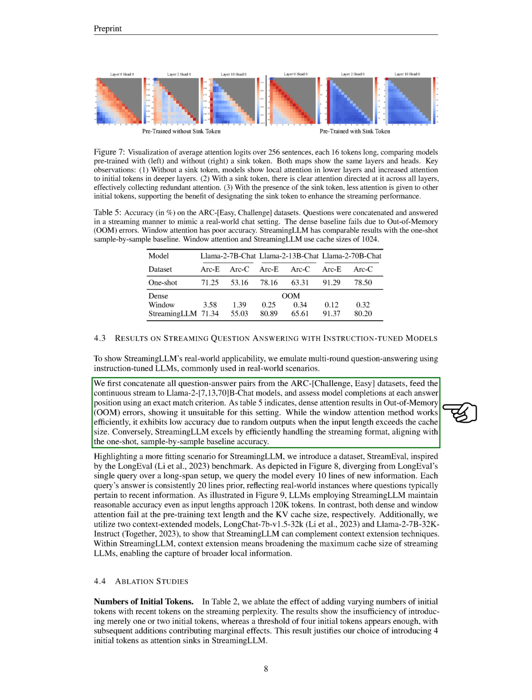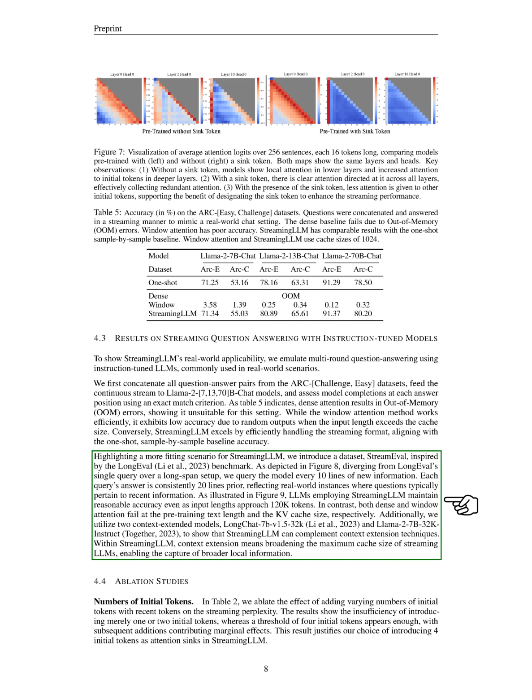Dense attention resulted in out-of-memory errors, showing it's not suitable for this setting. While the window attention method worked efficiently, it had low accuracy due to random outputs when the input length exceeded the cache size. In contrast, StreamingLLM performed well by efficiently handling the streaming format, aligning with the one-shot, sample-by-sample baseline accuracy.